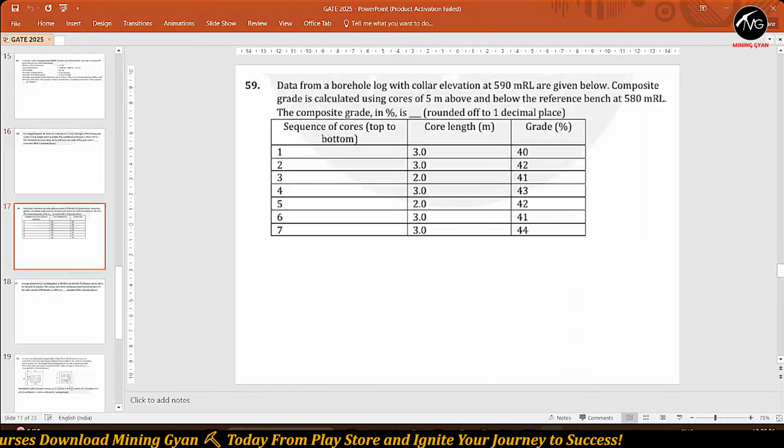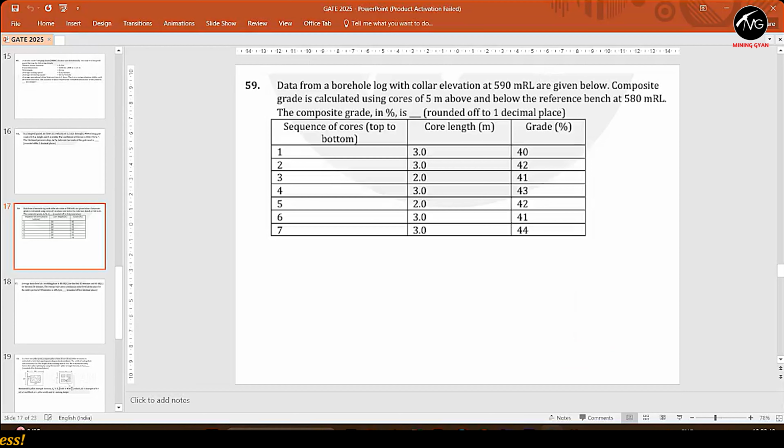Now, this is a question. Now there is this question. The question says that there is data from a borehole log with a collar elevation of around 590 meter RL.